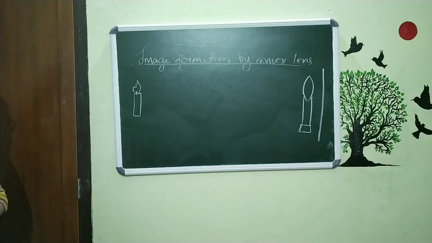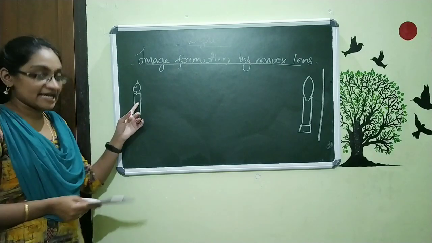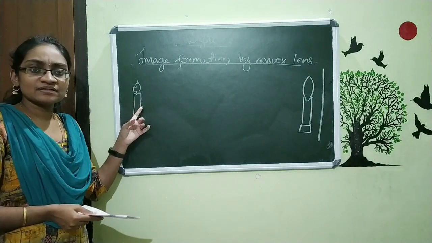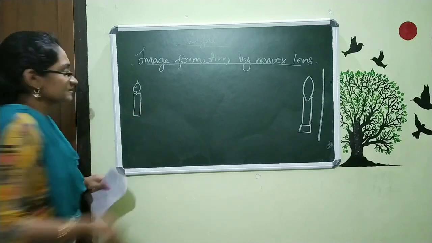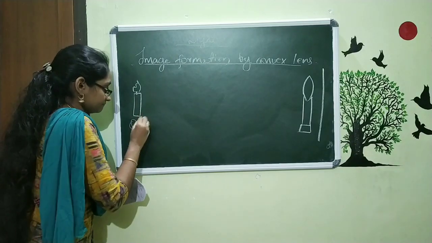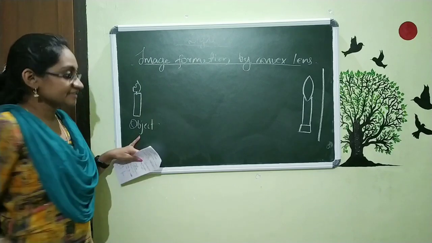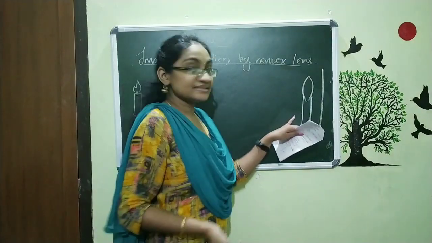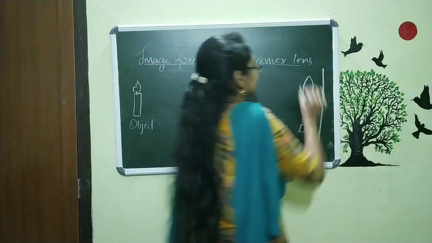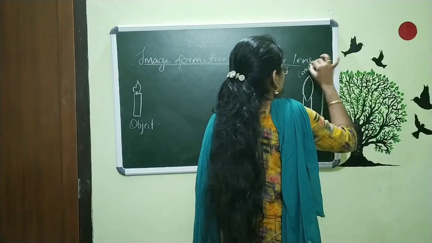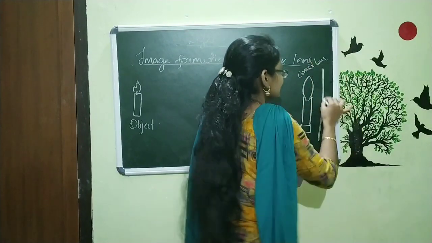That means for the experiment we need one candle. What is this candle? This is our object. Object is there, and this is our lens, the convex lens. And this is our screen.